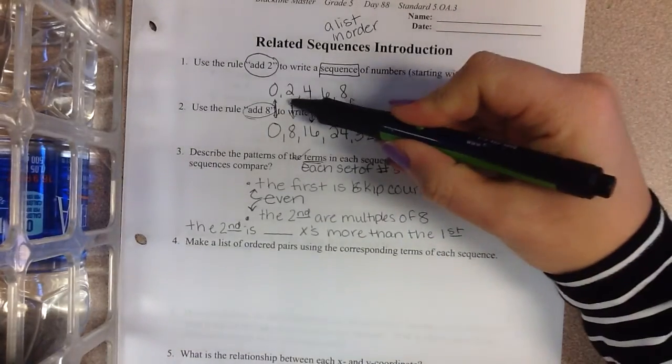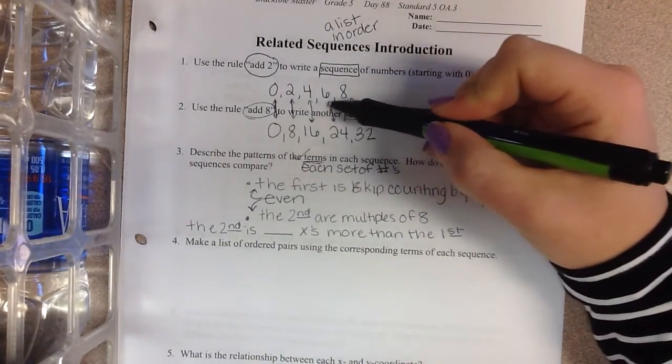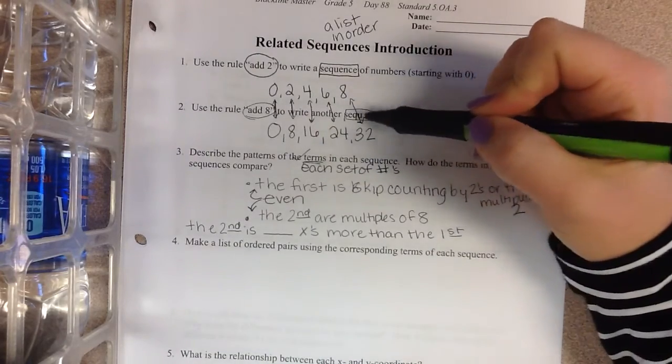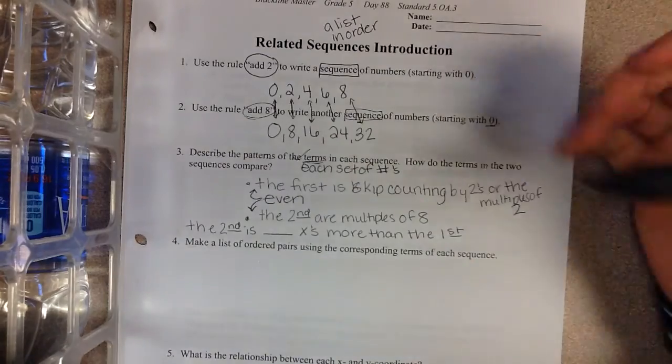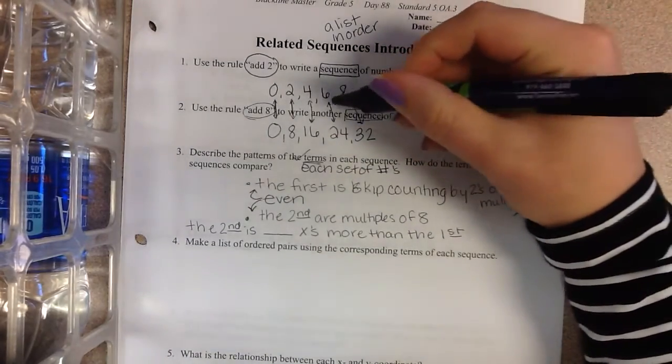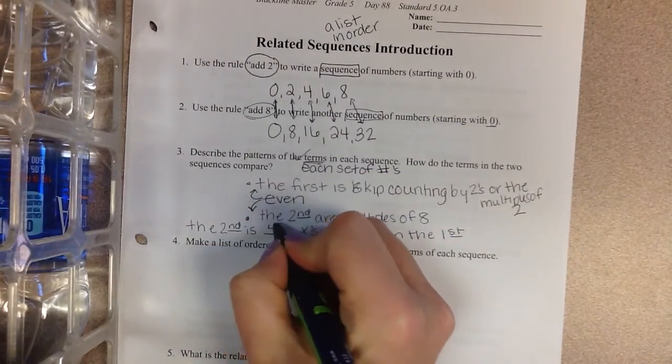What am I going to do to each one to get down here? I hope that some of you are already saying this out loud and you've noticed what it takes to get from here to here. The second is 4 times.